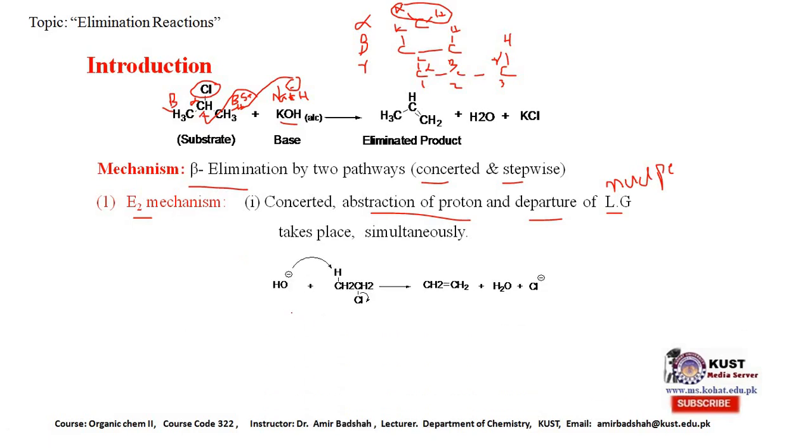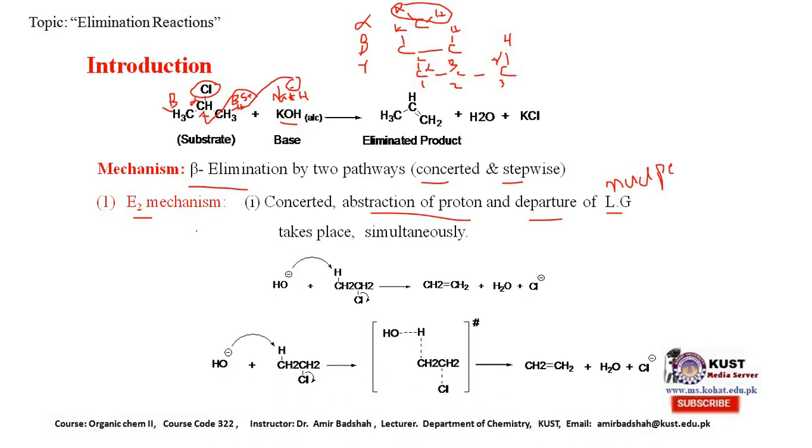For example, here the hydroxyl group abstracts this hydrogen and this nucleofuge leaves, and the leaving of this nucleofuge or leaving group and the abstraction of hydrogen take place simultaneously, then it will follow the E2 mechanism or concerted mechanism, because it takes place in one step.